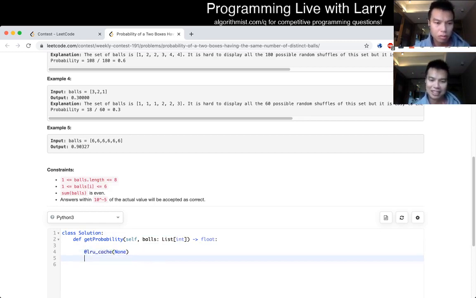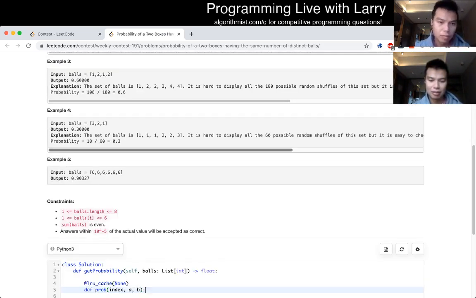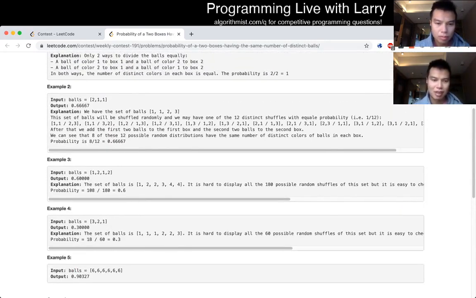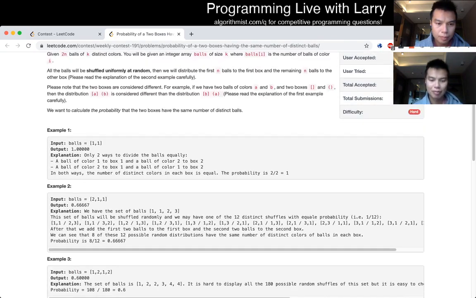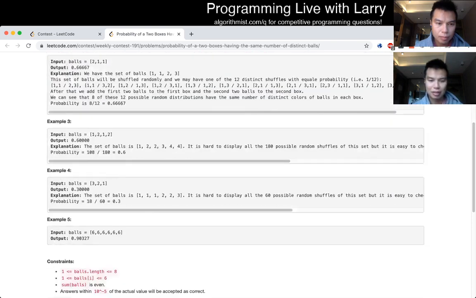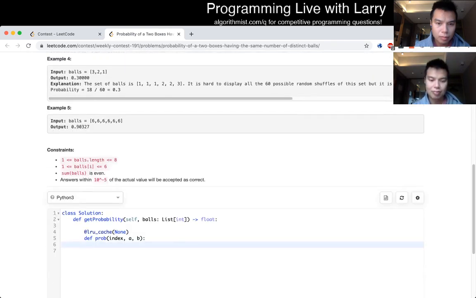And immediately I break out my LRU cache for this.